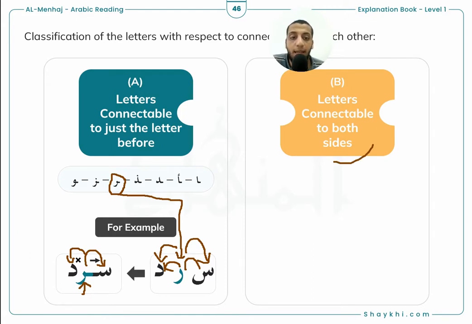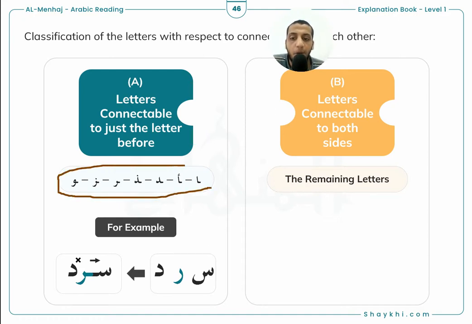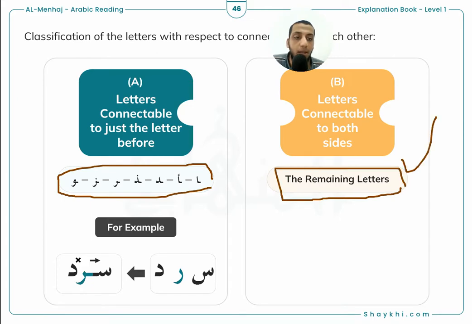But let's now move to the next part, which is the letters that are connectable to both sides. We said the letters connectable to just the letter before are 7 letters. So what are the letters that are connectable to both sides? All remaining letters, which means all except these 7, are connectable to both sides.